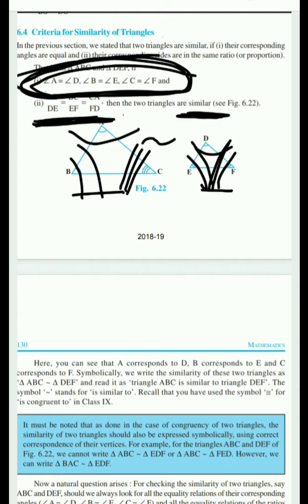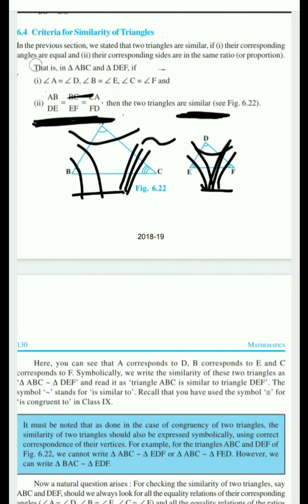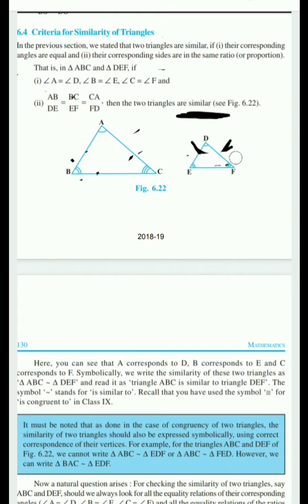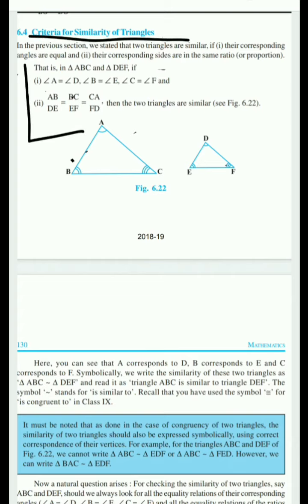So these are the notes that we have to write in our notebook. You can give the title criteria of the similarity of the triangle, then write these two lines and draw these two figures too.